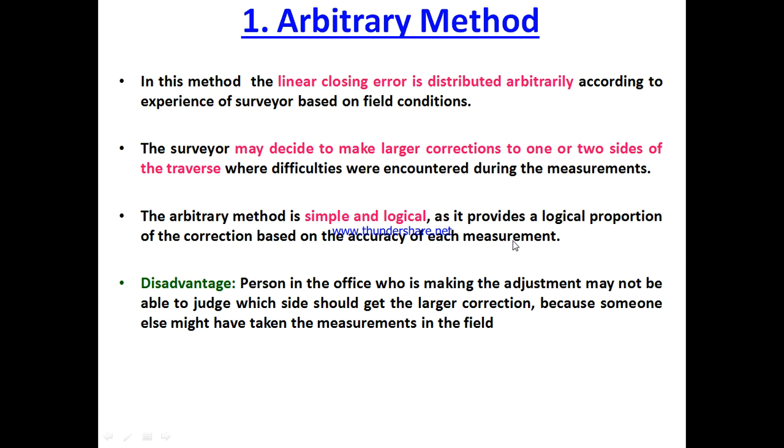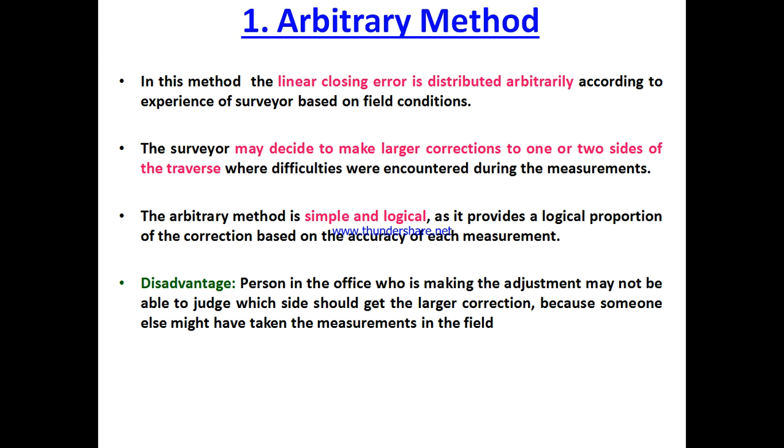So with the help of the good understanding of a surveyor, he may choose to make different corrections to different traverse lines. But what is the main disadvantage with this arbitrary method? It is that the person who has taken the reading in the field is different from the person who is computing the plan, or I can say the map, in the office.